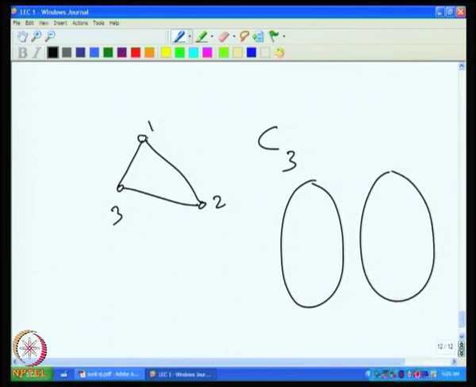So, let us say 1 is placed, without loss of generality, on this side. Now, if 1 is placed here, then 3 and 2 should be on the other side, because there is an edge between 1 and 3, and 1 and 2. But then between 3 and 2 there is an edge, so one has to come here. This will become a problem, right. So, this will flop. Therefore, this triangle cannot be a bipartite graph.